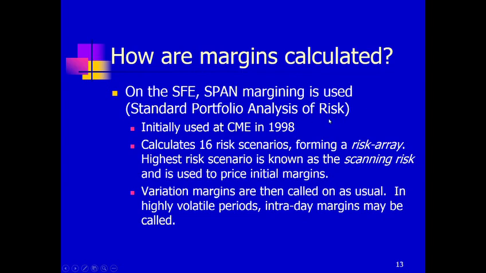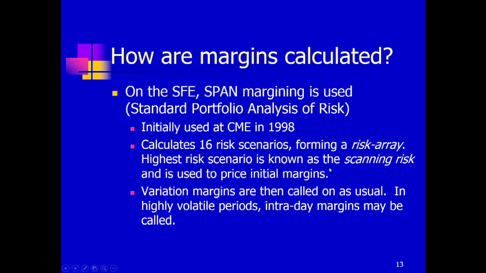It's a technique that was created on the Chicago Mercantile Exchange in 1998 to look at 16 different scenarios in how the futures contract you're taking a position in might go. It might go up, it might go down, volatility may be low, it might be high, and it works out what the highest risk scenario is. The highest risk scenario gives us the scanning risk, and at the end of the day, this is what is set to determine the initial margin.